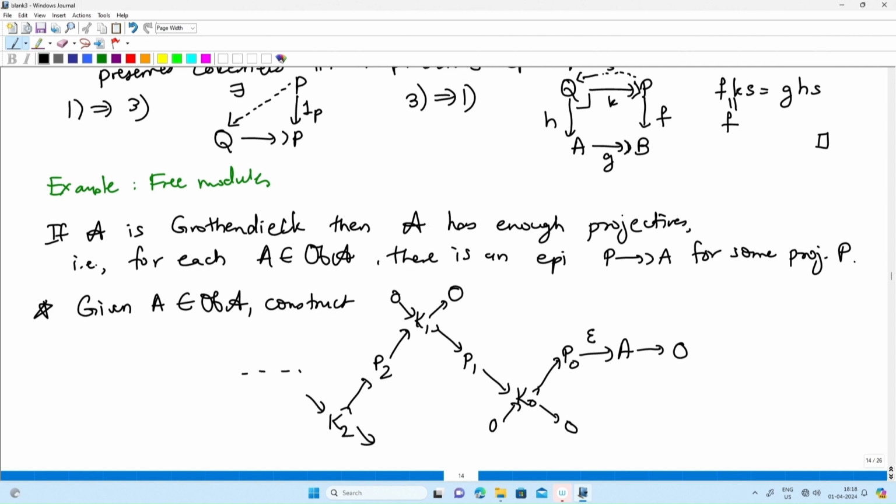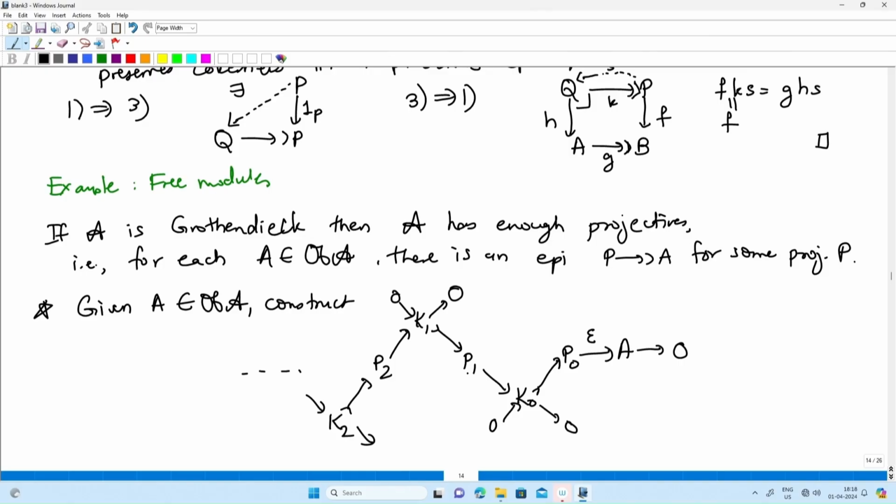You can see. Now, what do we know here? Actually, this composition from P1 to K0 to P0 gives me a map here. Then this map is here, then this map is here. So let me call this map little p1, this is my map little p2, this is my map little p3 and so on.